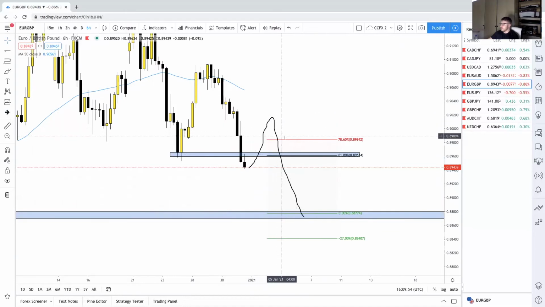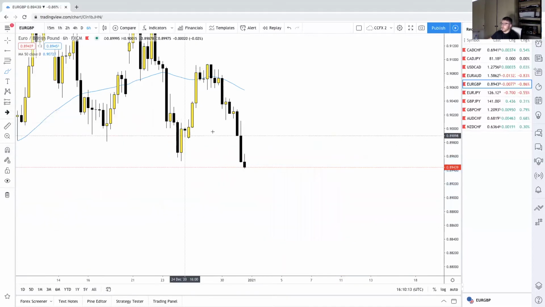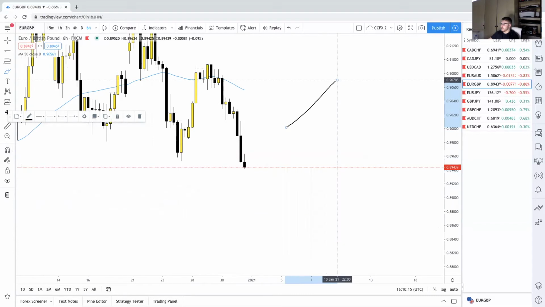And then obviously my Fibonacci, if they were to do the movement like I just said, that for me would test nicely around these areas, there and here, back down into that. So yeah, that's my view for Euro GBP. Obviously, it was a nice trade, so it was a solid trade.